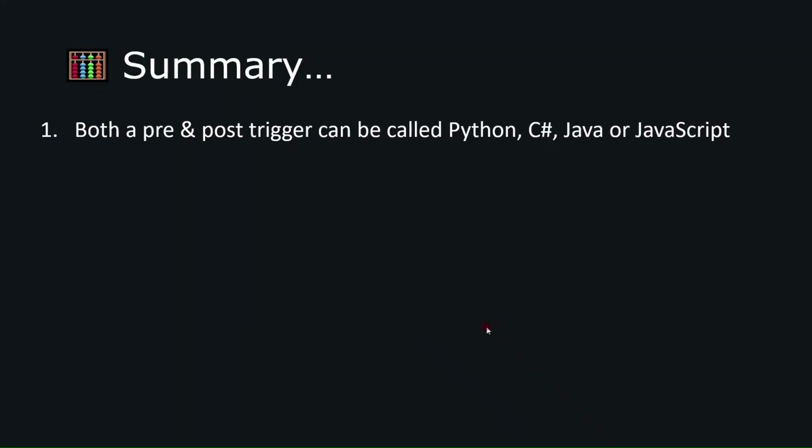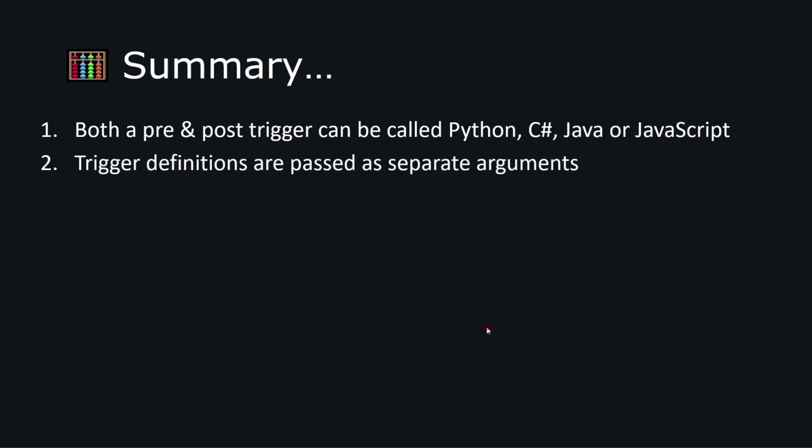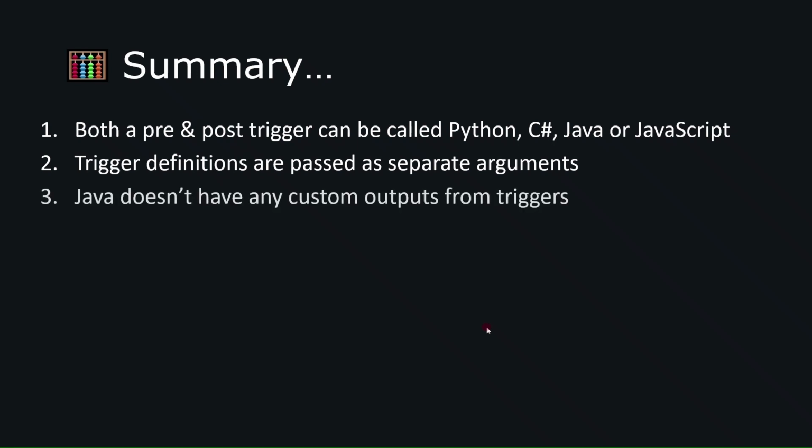So in summary, what we saw is that both a pre-trigger and a post-trigger can be called in all of the various SDKs. We saw that the trigger definitions in all of them are passed as 2 separate arguments. And then we saw that within Java specifically, there isn't any custom response from the triggers.